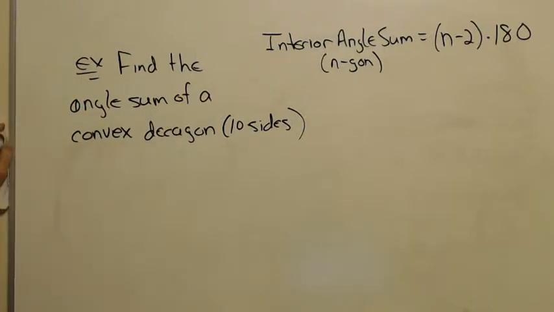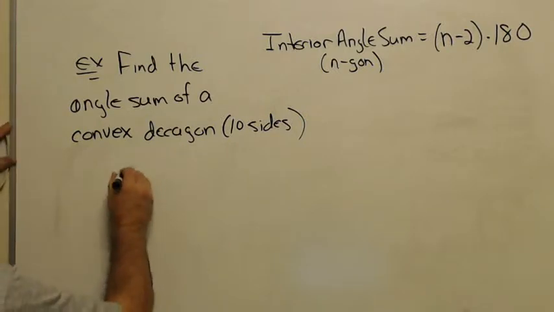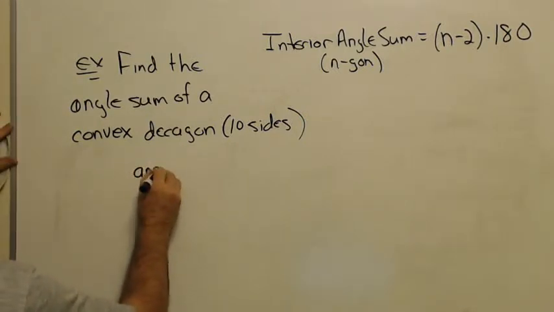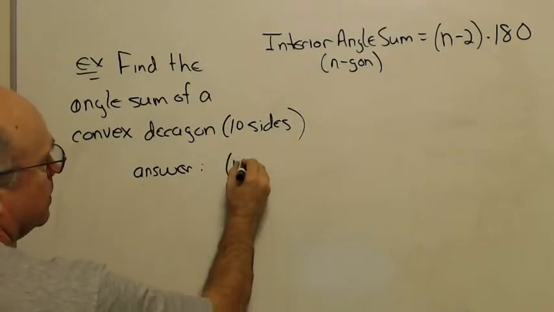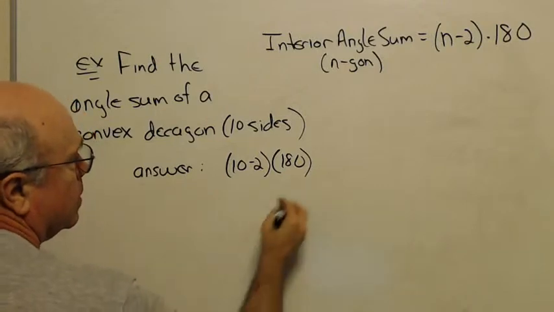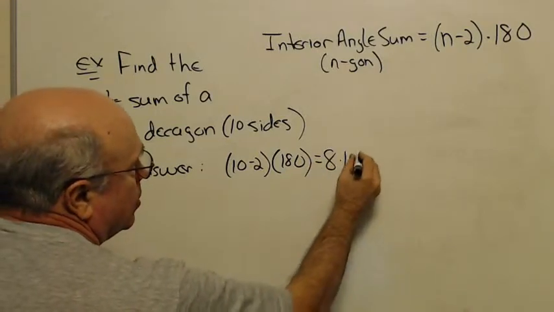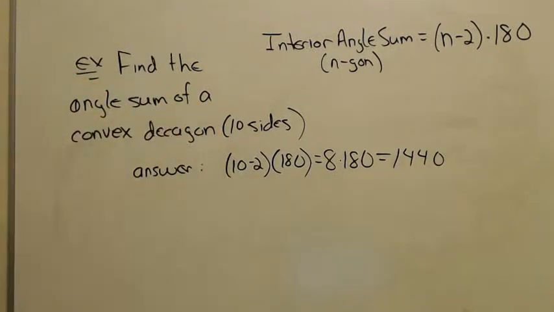Well, if it has 10 sides, then n in that formula is 10. So the answer is 10 minus 2 times 180. And that's 8 times 180, we get 1,440. All the interior angles together add up to 1,440.